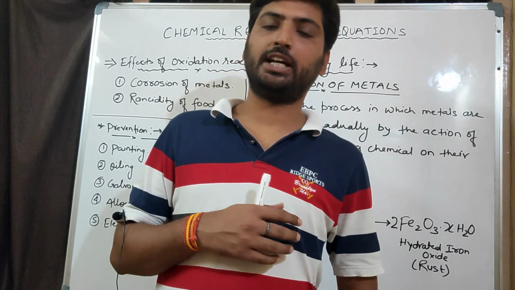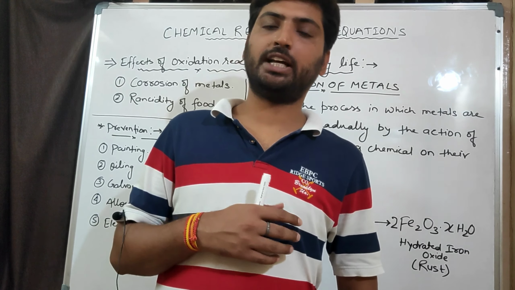What is corrosion of metal? It is the process in which metals are eaten up gradually by the action of air or moisture or a chemical, like acids, on their surface. Due to this process, the color of the metal also changes.